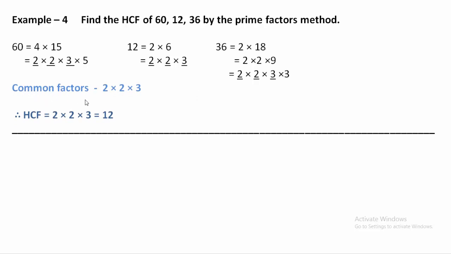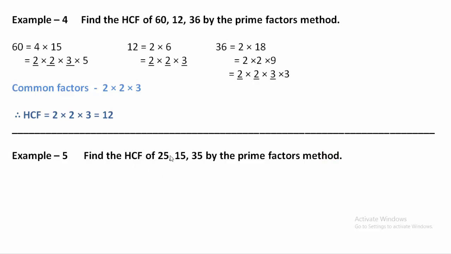And which are the common factors? 2 into 2 into 3. Means 2 times 2 and 1 time 3 is common between all the factors of the numbers. And therefore the HCF of 60, 12 and 36 is equal to the product of them, which is equal to 12.